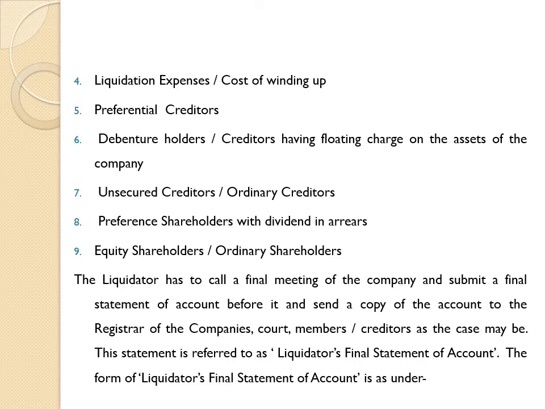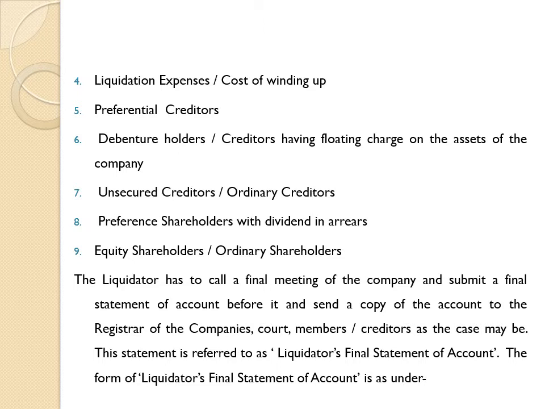Preferential creditors. It covers taxes, cesses, rates, wages, salaries, holiday remuneration, investigation fee, etc. These are the preferential creditors. Taxes are payable to the government. Debenture holders, or creditors having a floating charge on the assets of the company.